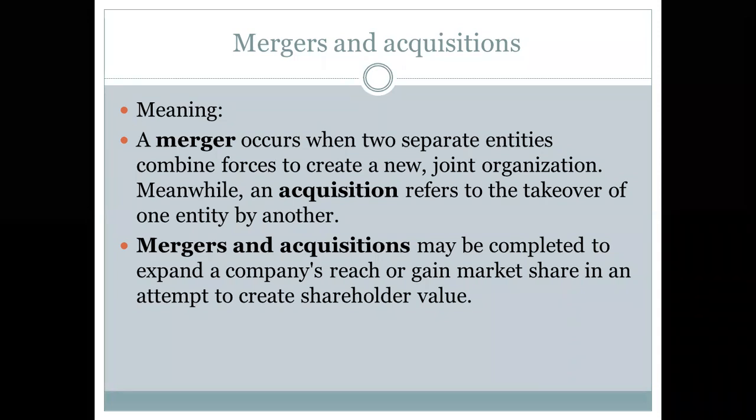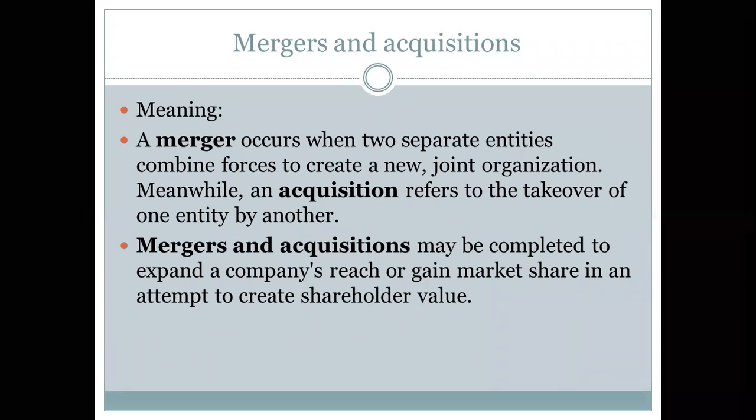So the overall meaning of merger and acquisition is when a business is run by two separate entities, that is, goods are produced by both companies on a separate basis. Suppose there are two companies, company A and company B. When they combine their business forces and create one new company, that is a joint organization, this concept is known as a merger.